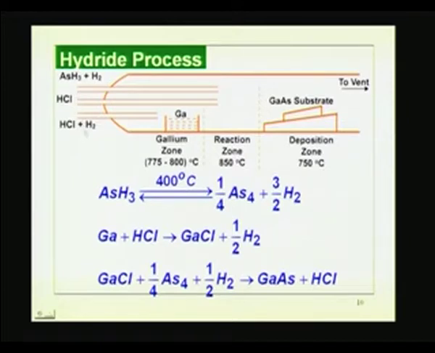Here HCl is directly supplied to react with gallium to release gallium chloride, and this gallium chloride and this arsenic will react to give gallium arsenide, deposited here at 750 degrees centigrade. This reaction would have been in the opposite direction if the temperature is high. So, that is actually the hydride process.